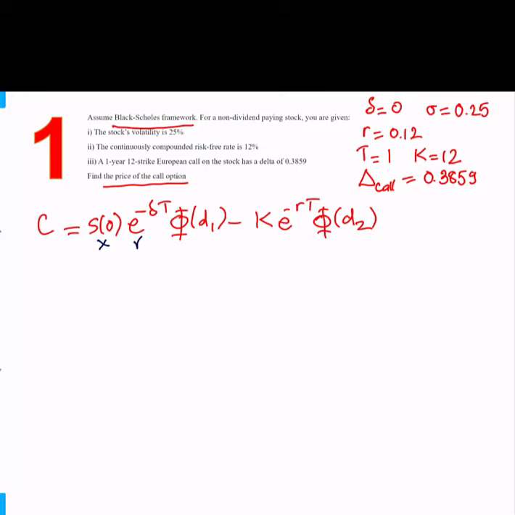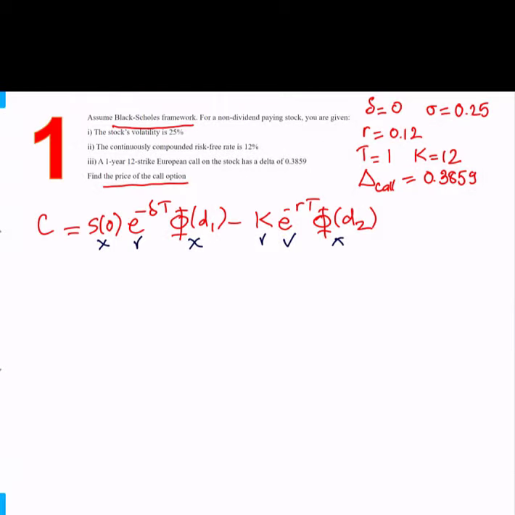Now Phi of d1, we don't know d1, and we don't even know the CDF of d1, so this is not given. K is given at 12. E to the minus rT, r is 0.12, T is 1, so this is given. Phi of d2 is not given. So basically we need to find S0, d1, d2, Phi of d1, and Phi of d2.